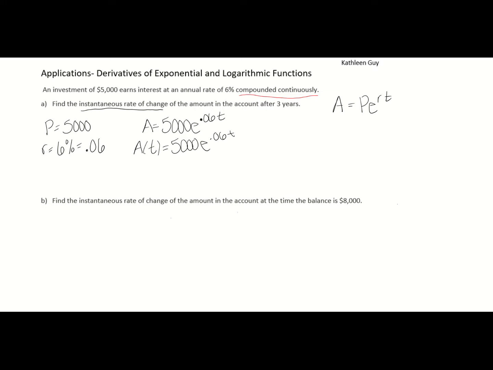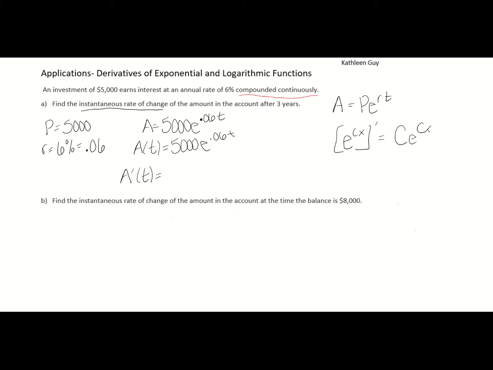Now, I want to find the rate of change, hint derivative, at 3 years. So first I need to take the derivative. So I have A'(t) is equal to, now remember on the side that if you have e^(cx) and you're taking the derivative of this, this is c e^(cx).